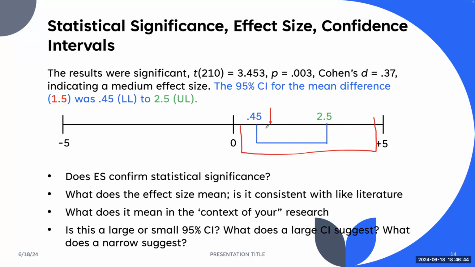What would that mean to you? Versus from here to here. To me, that means a lot more uncertainty, right? A lot more uncertainty, yes.